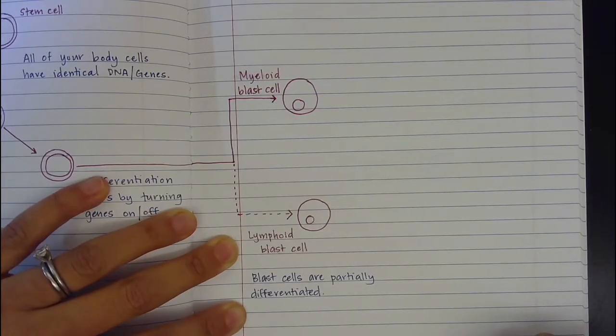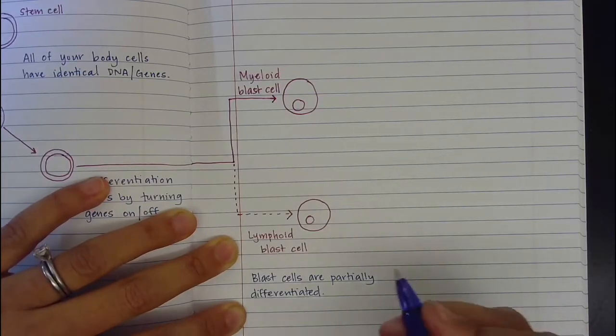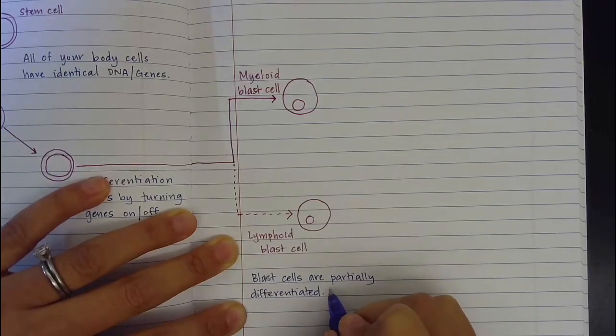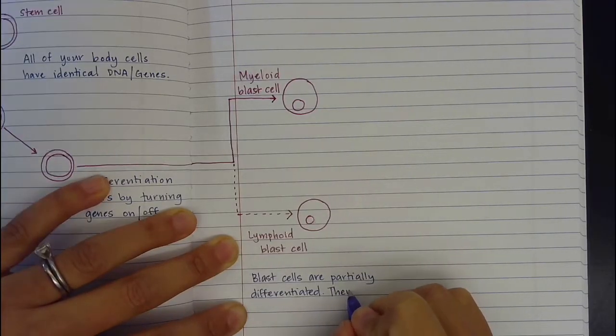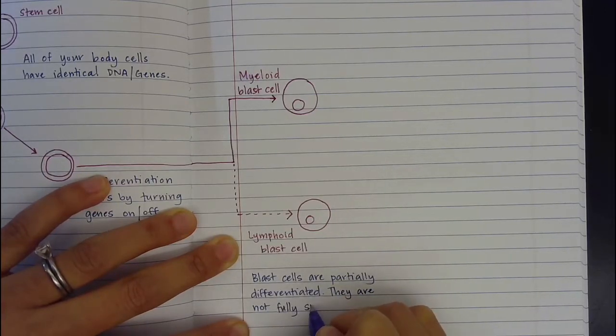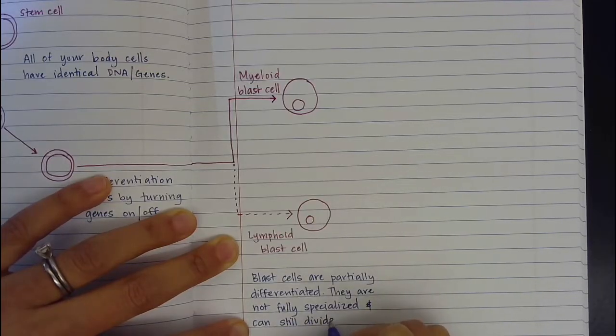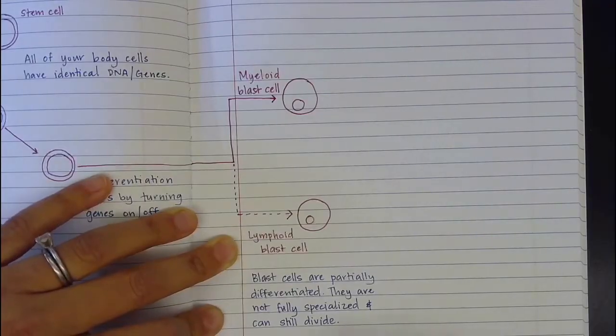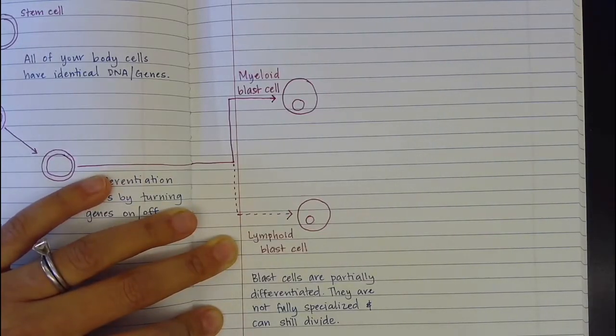And what this means is that they are not fully specialized and can still divide. And these are the cells that Hina has too many of.